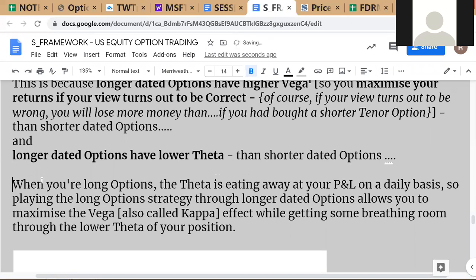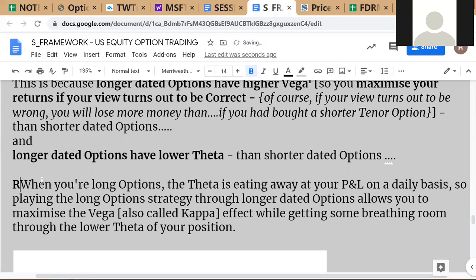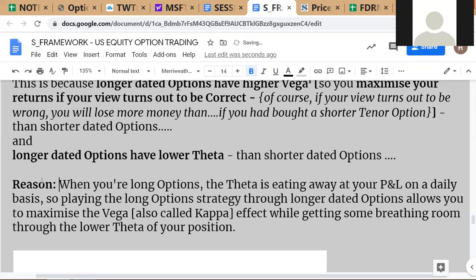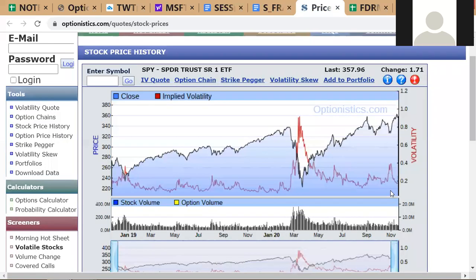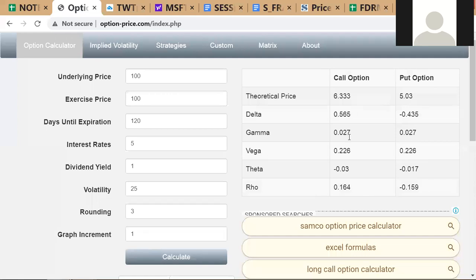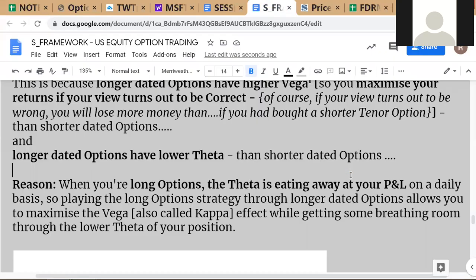The reason is that this is true for any long option position. These Greeks are for long positions in these options. So the theta is negative for both. If you have any long option position, you're always going to lose money.